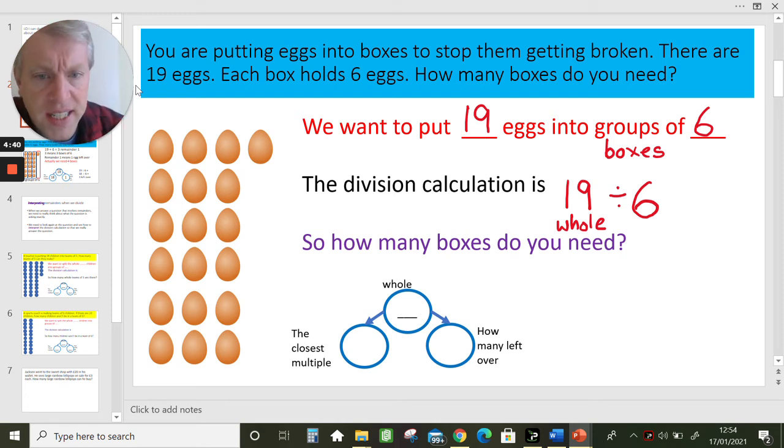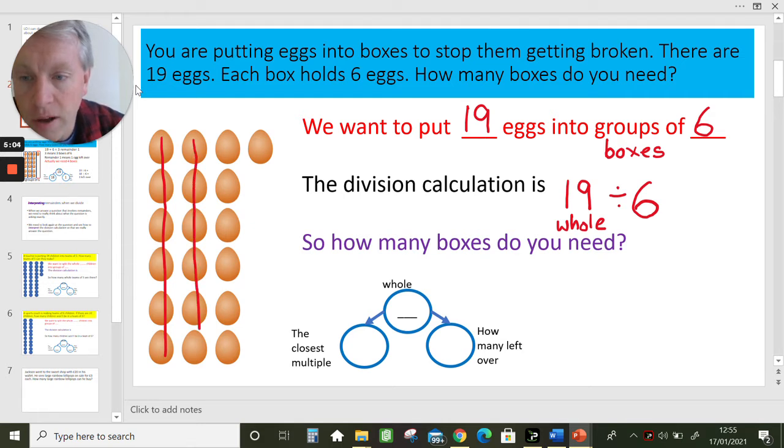19 divided by 6. Well, I remember when we are dividing by 6, we need to use our 6 times table. Why? Because if we can imagine the 19 eggs and see them here, we make one group of 6.